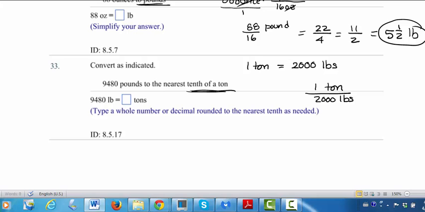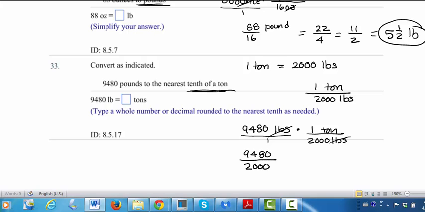So if I do the math here, I have 9,480 pounds, that's like over 1, and I multiply it by 1 ton over 2,000 pounds. So my pounds cancel, and I have 9,480 over 2,000, that's tons. And they say to round it to the nearest tenth.